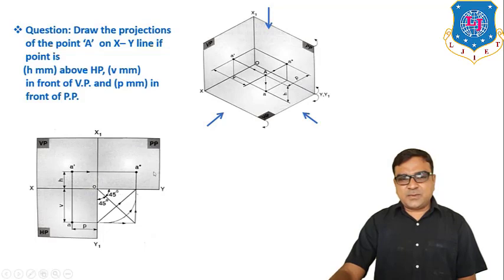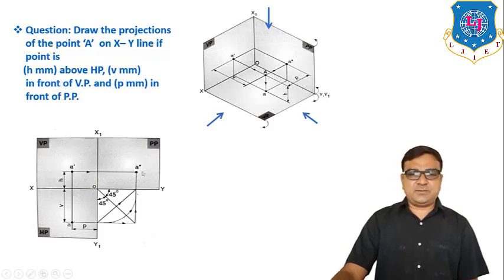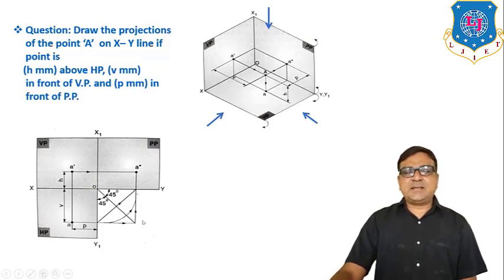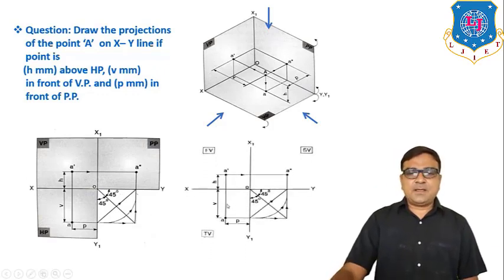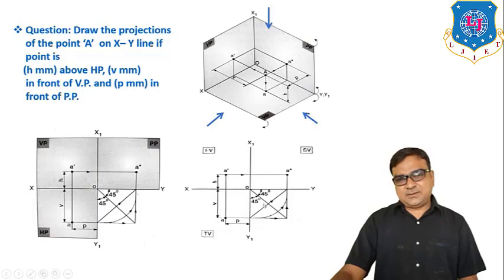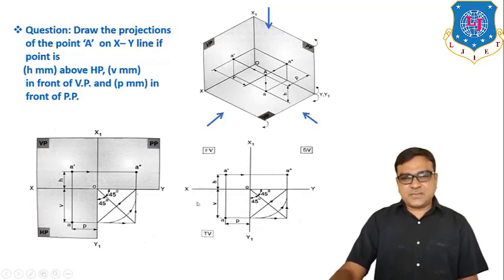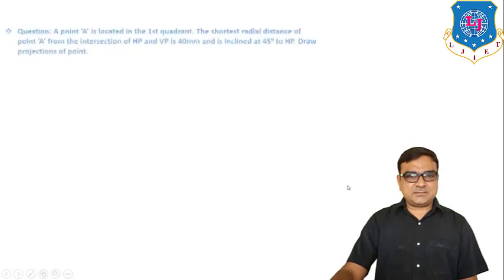The intersection of the horizontal from a dash and the vertical from the 45 degree line is always the side view. So these are the three planes on which the three views are projected. Generally we use this method because we don't show the three planes HP, VP and PP in our drawing, just XY, X1Y1, a dash, a, and the side view a double dash.